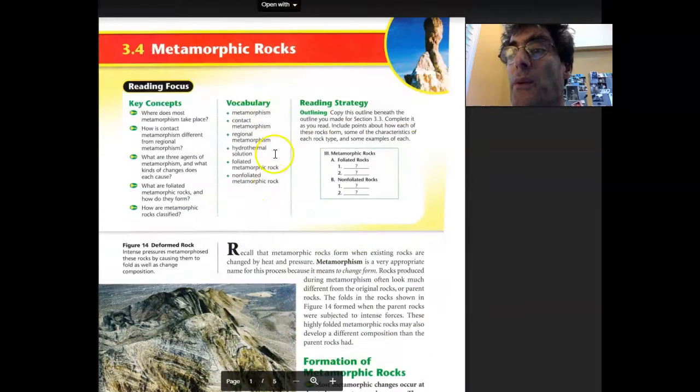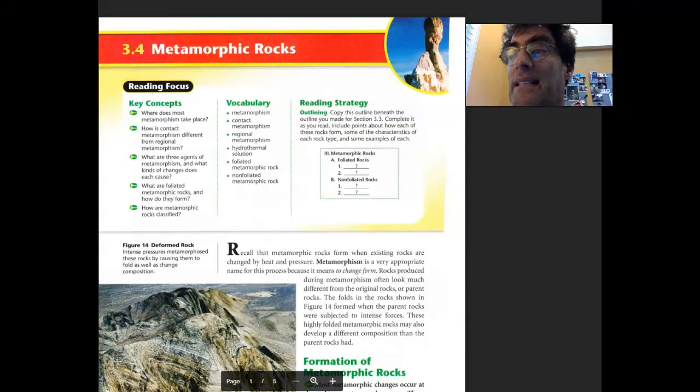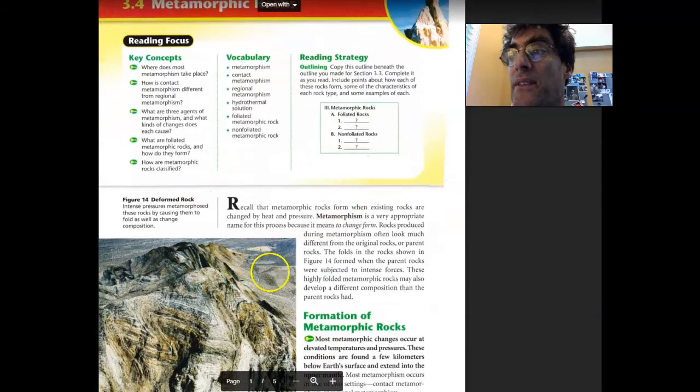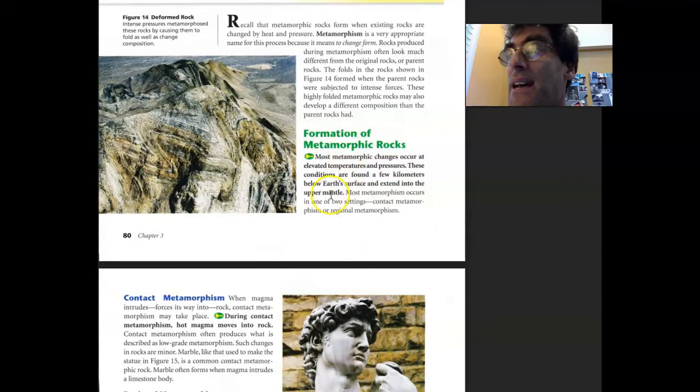The first thing we're going to want to do, before we pull information from the text, is know what we need to know by looking at this note page. Know what we need to know. The second thing is read the first paragraph. The third would be pay attention to the headings and be sure to read what's in the bold.